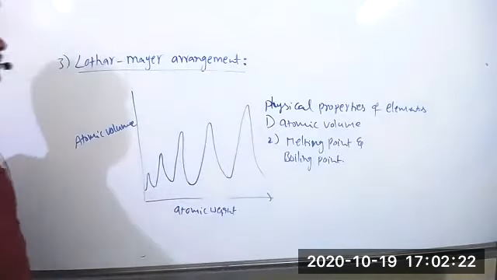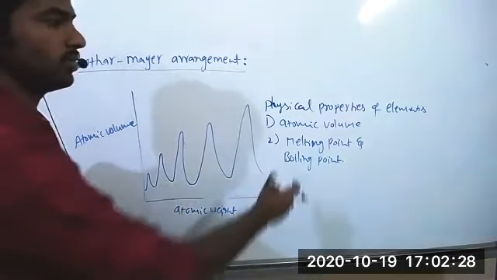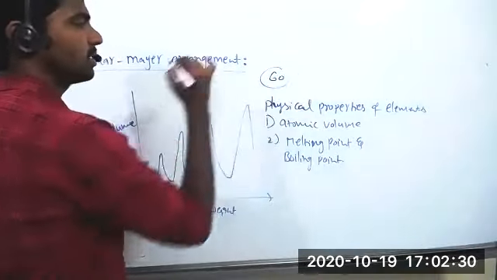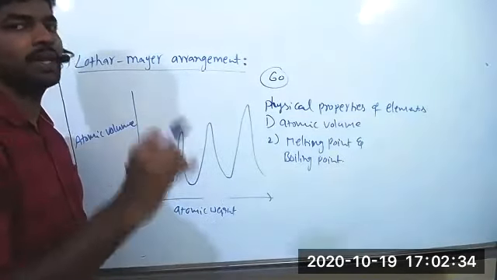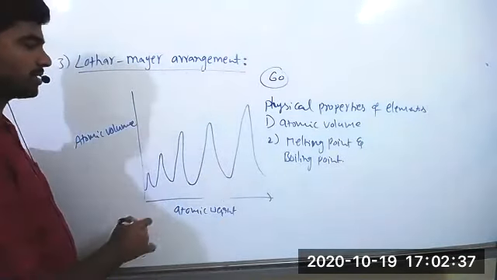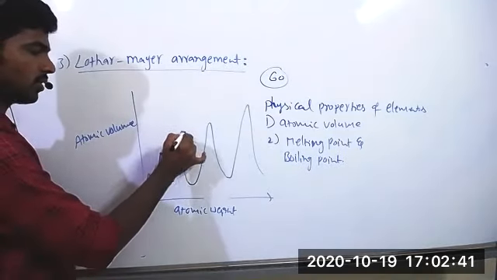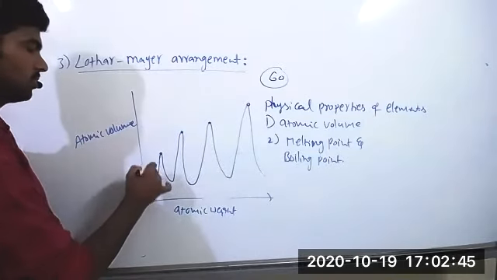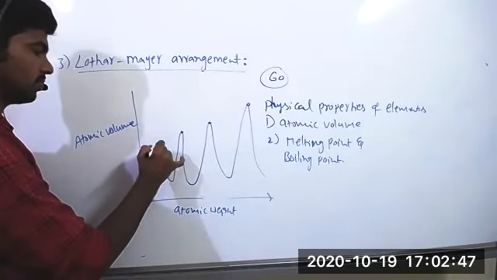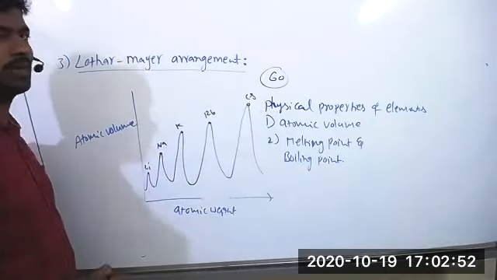And he observed that elements with similar properties occupy the same position on the peaks of the curve. Suppose this is lithium, this is sodium, potassium, rubidium, cesium. These are all elements having the same properties.